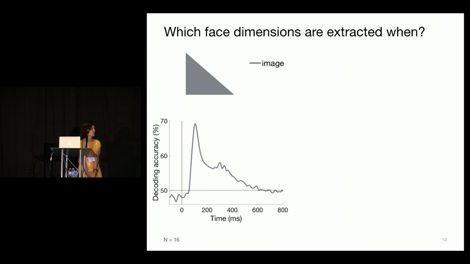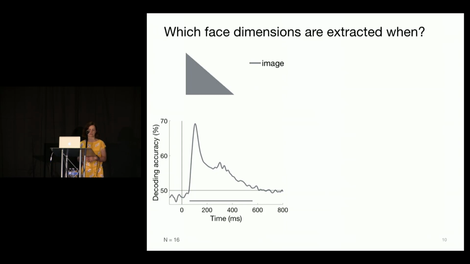And what we do to do that is we take the RDM, which is full of decoding accuracies, and we just take the average of these decoding accuracies and look at them over time. Basically the point when they become significant tells you at what point you can discriminate the images in the MEG data. And what we see is that yes, we can do this, with up to 70%.